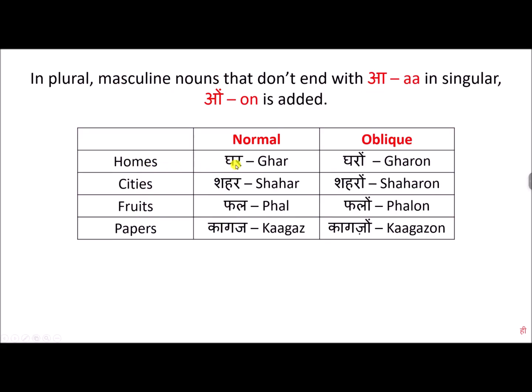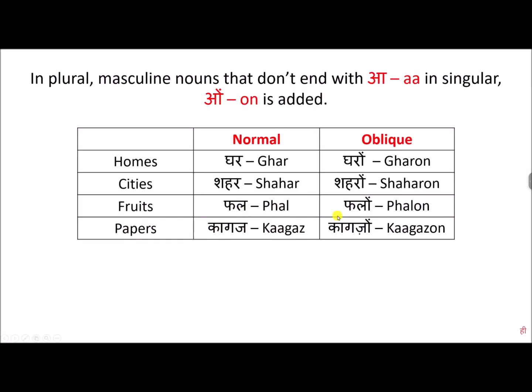This is normal case. To bring this into oblique case, we add o to it. So ghar becomes gharon. Shahar becomes shaharon.